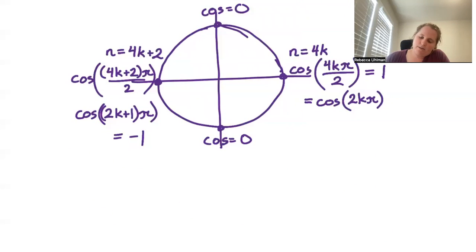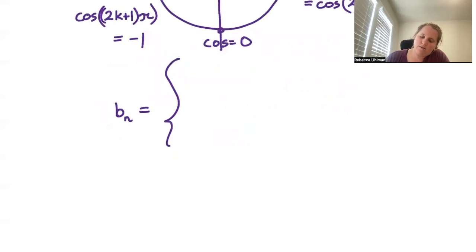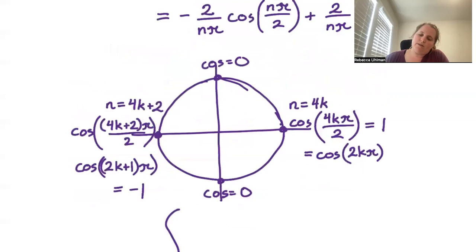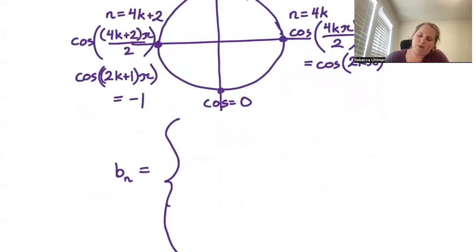So what we get is our b sub n is equal to, for n odd, we will just have 0 plus 2 over n pi.